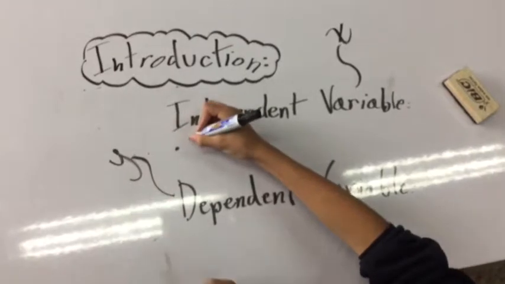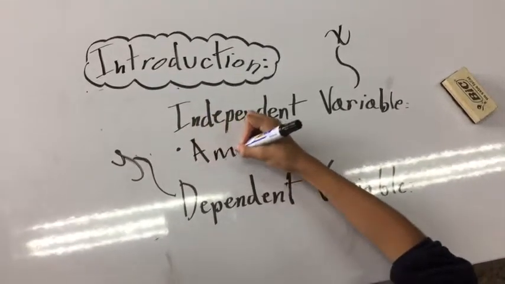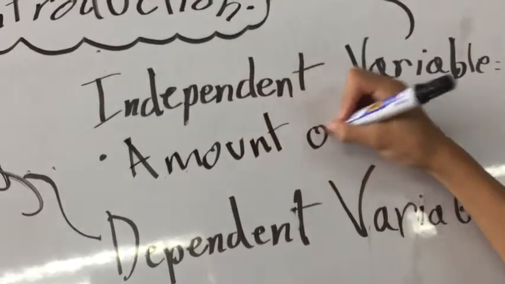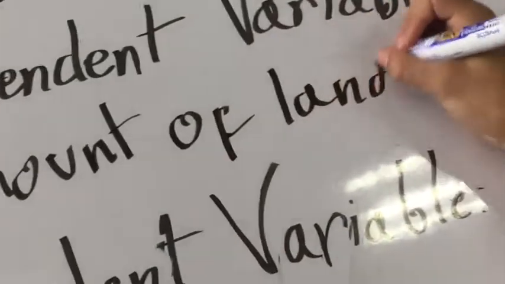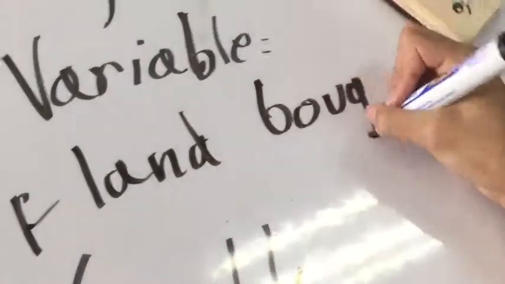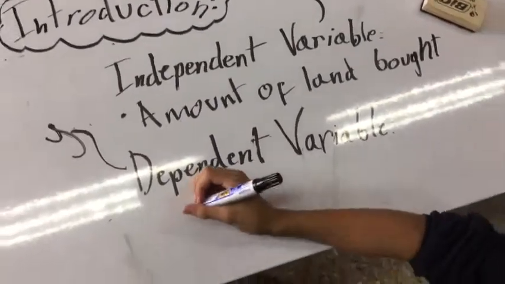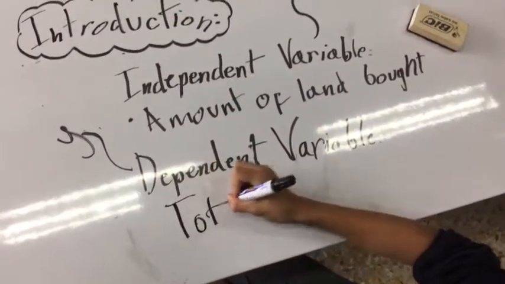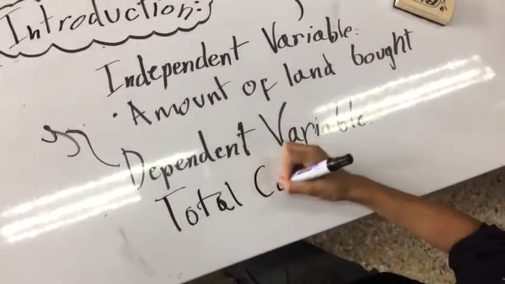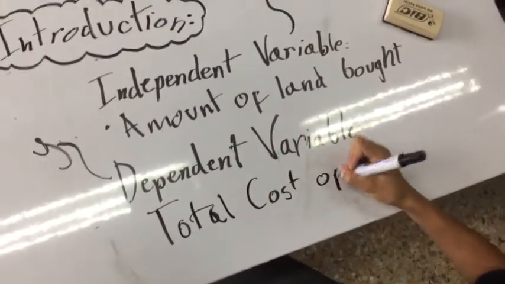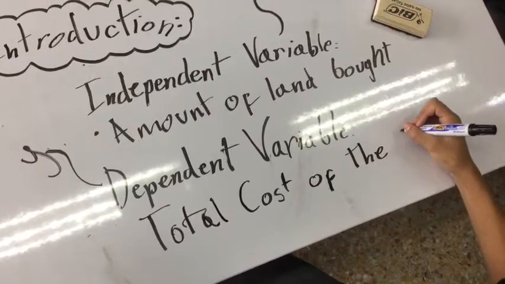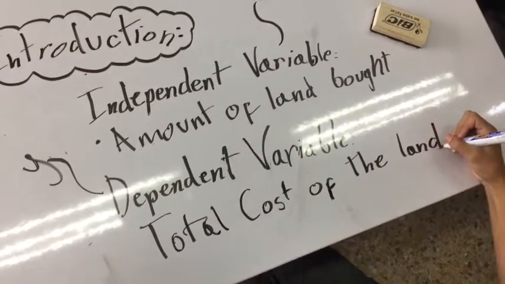Note, keep in mind that we might change the variables. Our dependent variable is the total cost of the land because this is affected by the amount of land. For example, a bigger land costs a lot more than a small land.